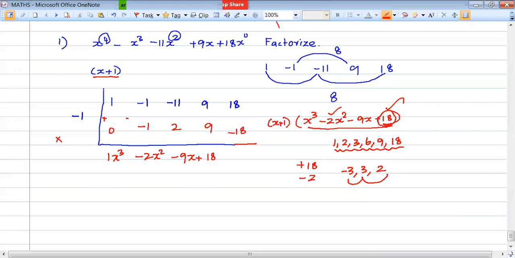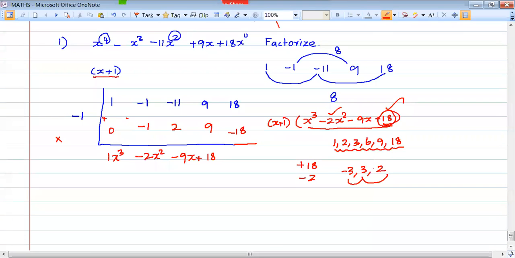Oh, sorry. Okay. So one can be in the form of minus 3, and one can be in the form of minus 3, 2. Okay.